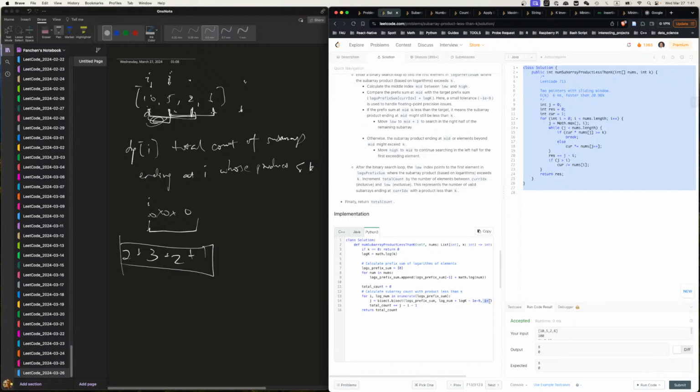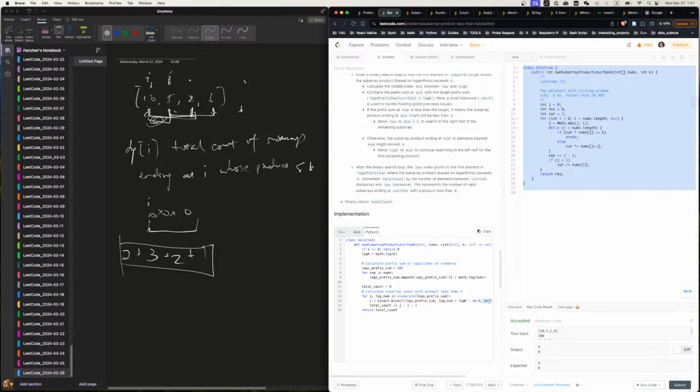So this should be this one minus I, because it's starting from this, right? And then we have a logarithm of this. So basically this minus I minus 1.